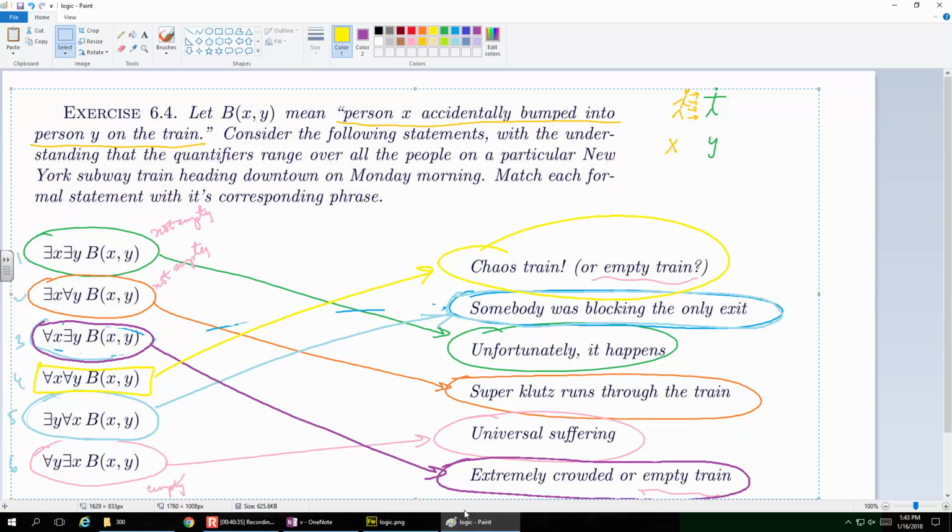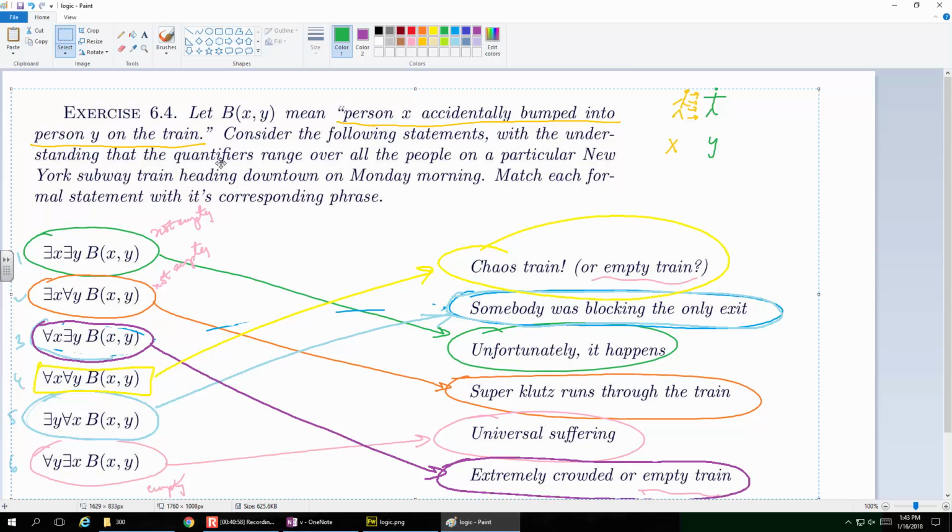Okay, so for example, if I look at the green one, which says that there is, at least on that train, at least one bump happening. Okay, what's the negative? There has been no bump.